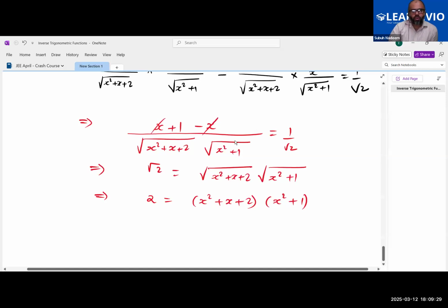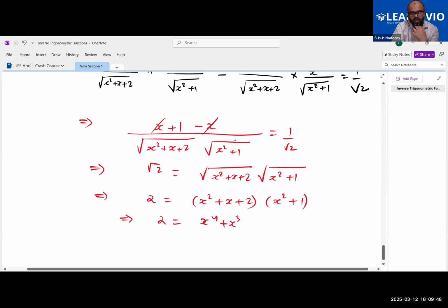Now you have to find the value of x. So what you can do here is some manipulation. If you multiply x square into x square it will be x to the power 4, and then you will get x square plus x cube.